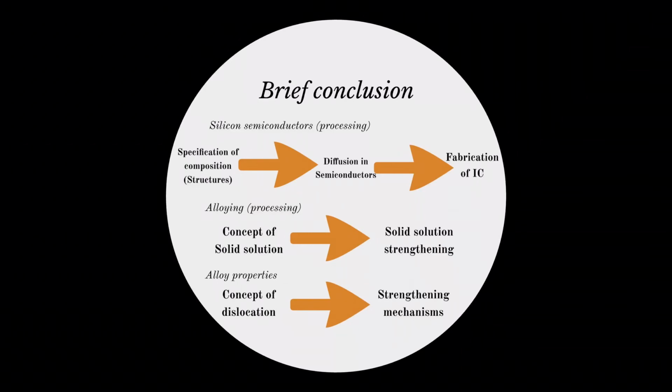So that's the concept of the material. We have imperfection, diffusion, and phase diagram. I hope that with these 3, at least you can understand briefly.